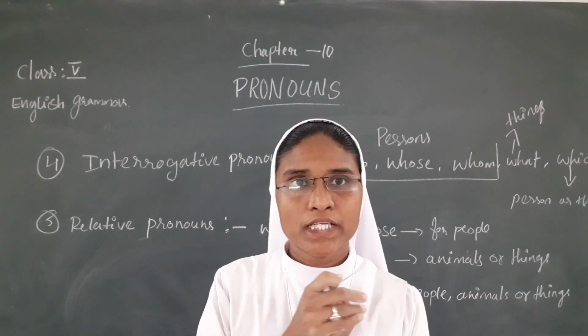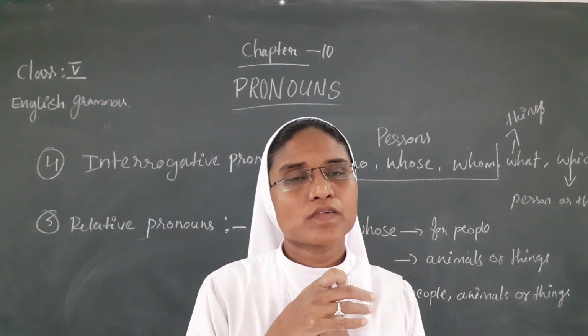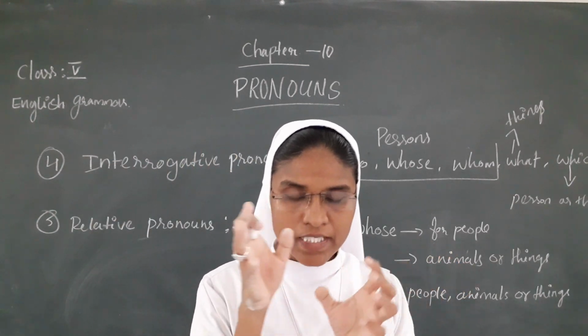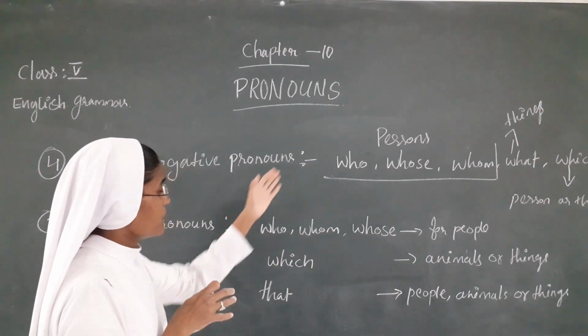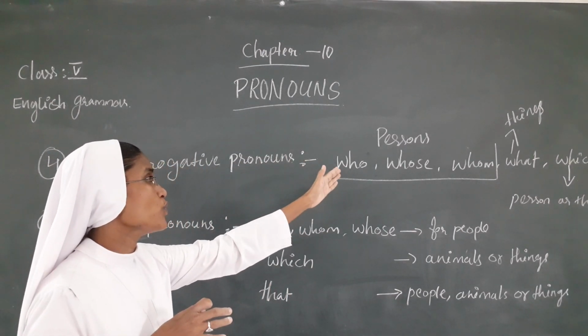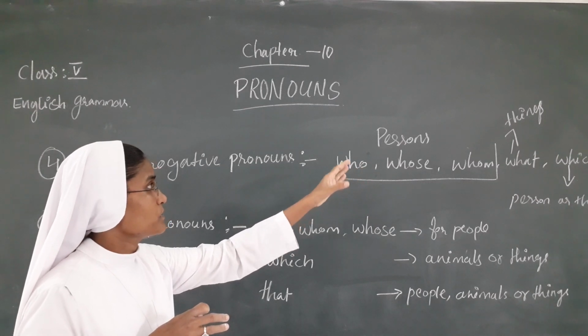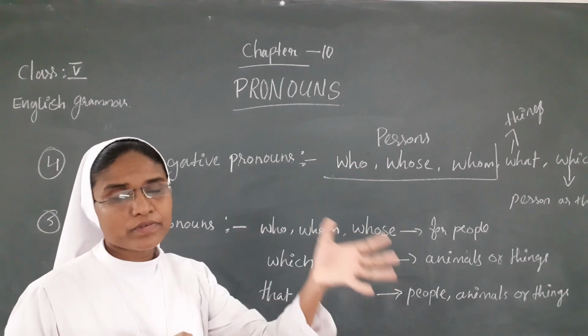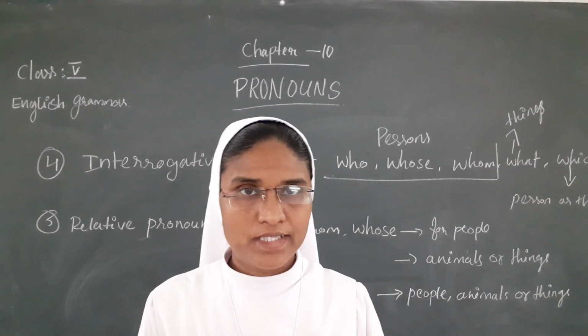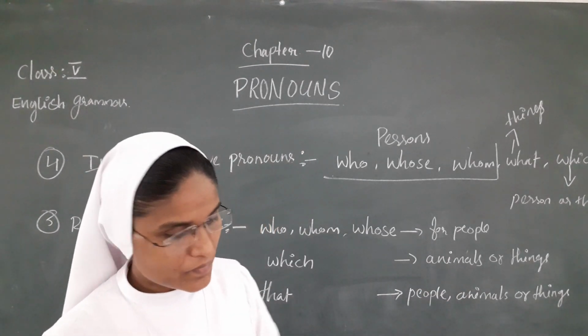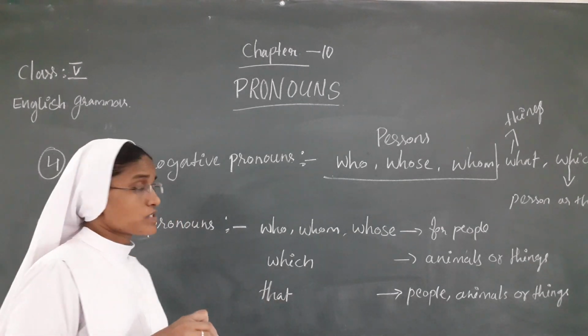Which thing do you like? Which student do you like in your class? So this is particularly what we use. These are the interrogative pronouns. For persons we use who, whom, whose. What we use mainly for things. Which we use for persons and things, but in the particular.